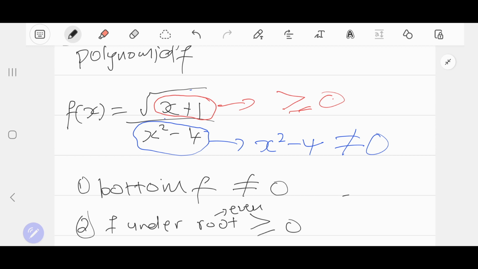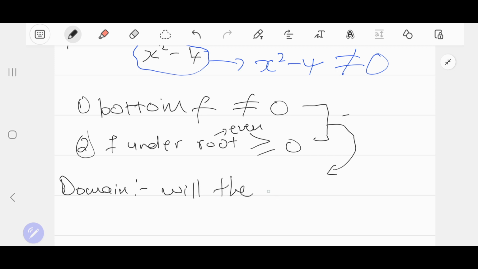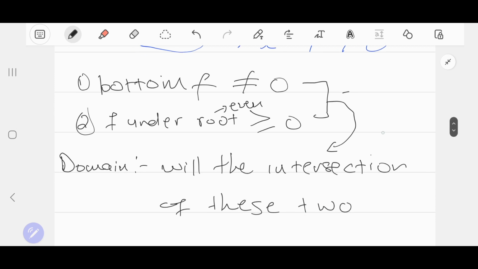And then your domain, people, will be the intersection of these two intervals.